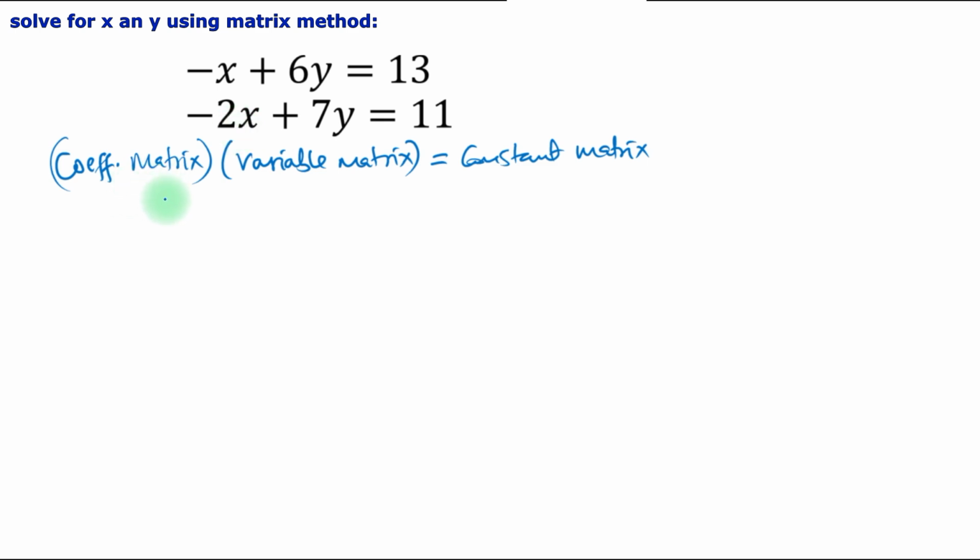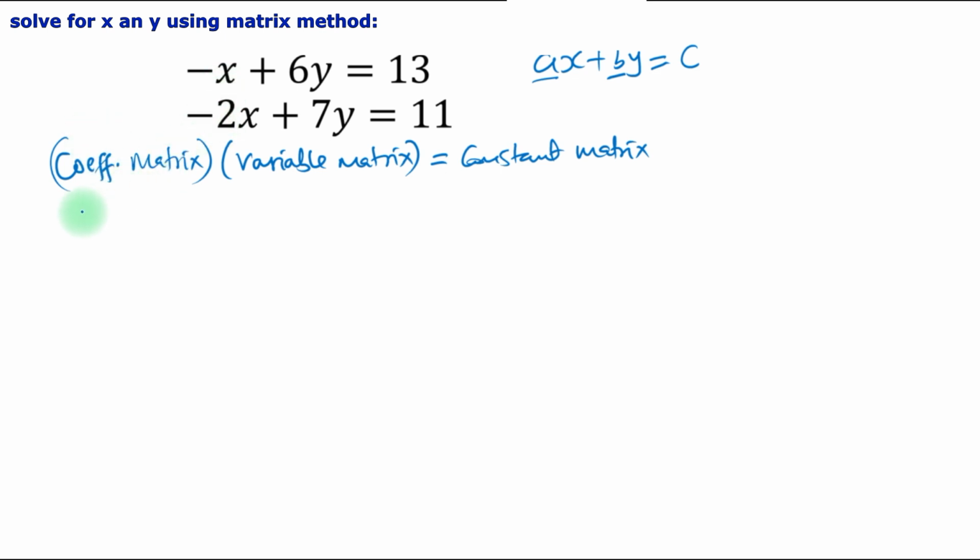So x, y, those are the variables, and then we have the coefficient of x, coefficient of y, and we get the coefficient matrix. And then for the constant matrix, we find the constant value. Remember this equation can be written as ax plus by is equal to c. For our case, a and b are the coefficients, x and y are the variables, and c is a constant value. Therefore, let us write the coefficient matrix.